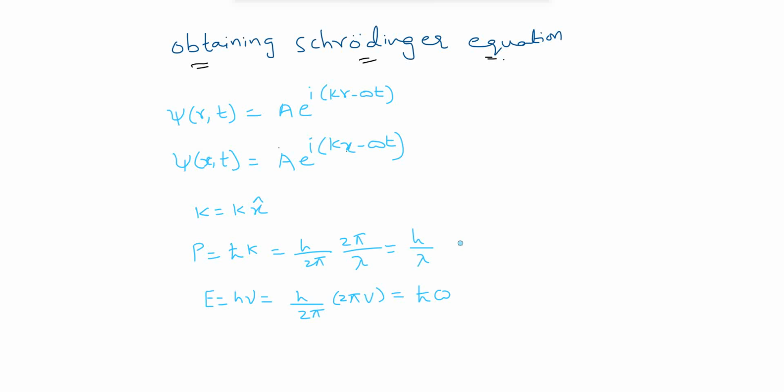So this will yield k is equal to p by h cross, whereas this will yield omega is equal to E by h cross. Now let's substitute the wave vector k and angular frequency omega in equation 1. Let's consider this as equation 1.